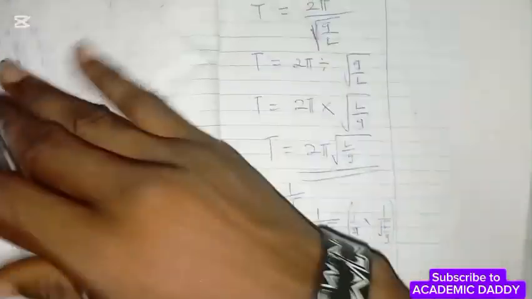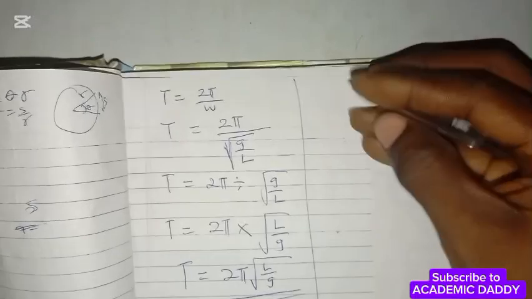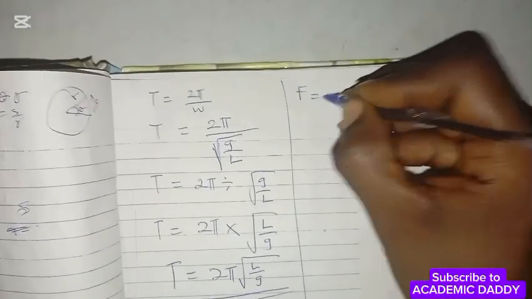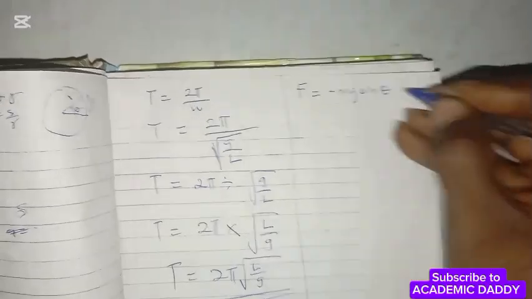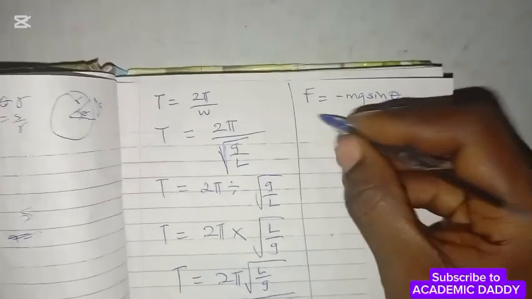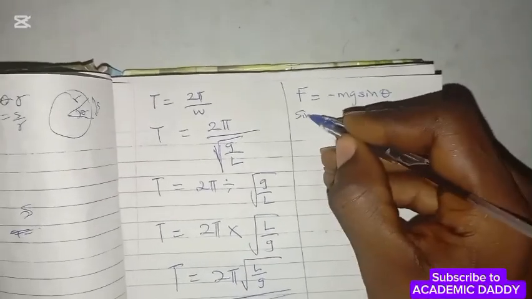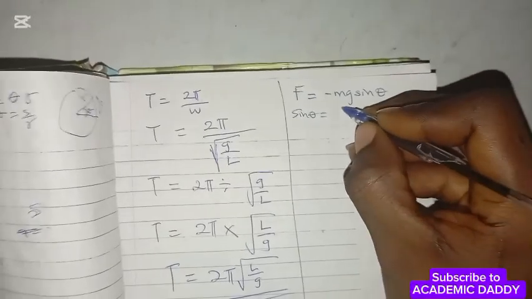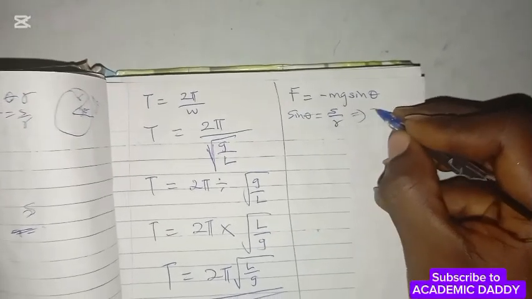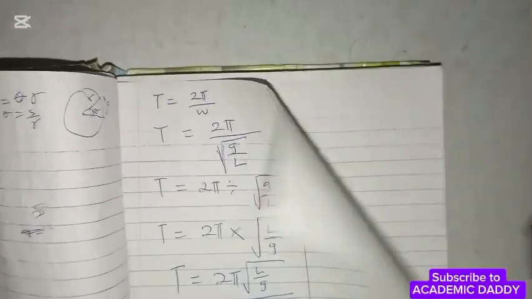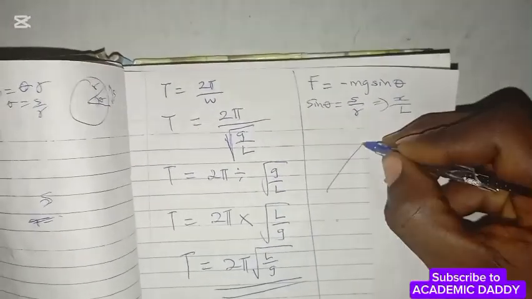So remember, if somebody now asks you what is the force of a simple pendulum, it's simply F equals minus mg sine theta. And if somebody asks you what is sine theta in a simple pendulum, sine theta is simply equal to S over R, and it's the same as saying x over L. Then remember these facts.